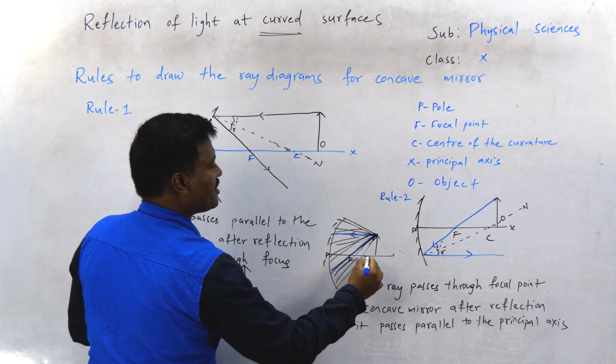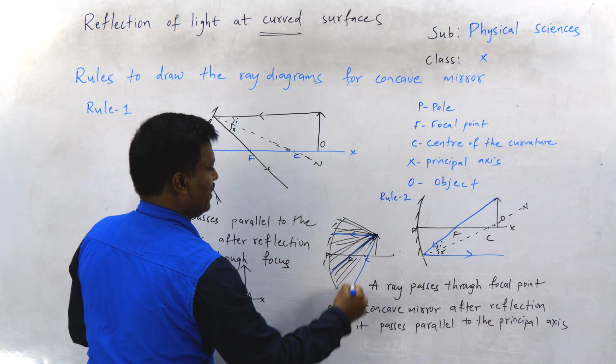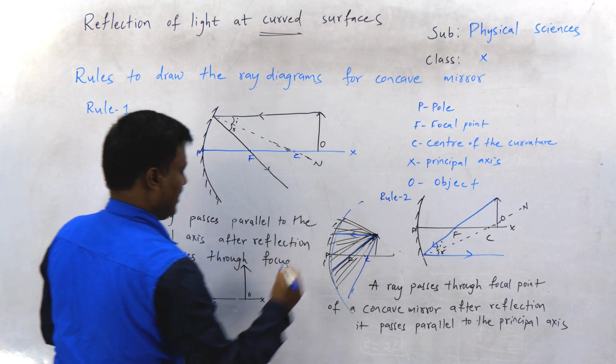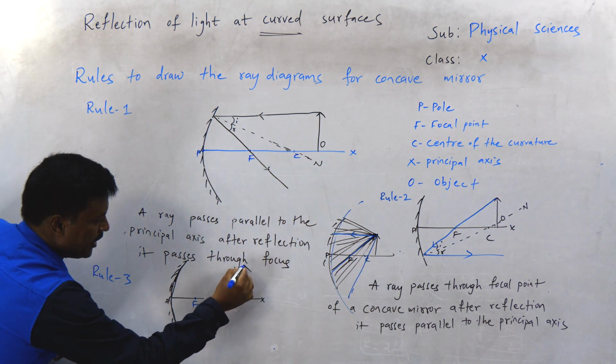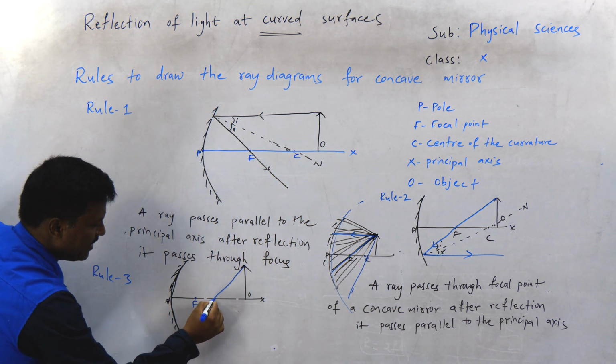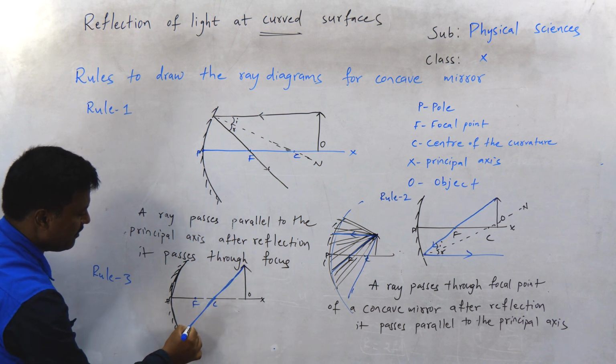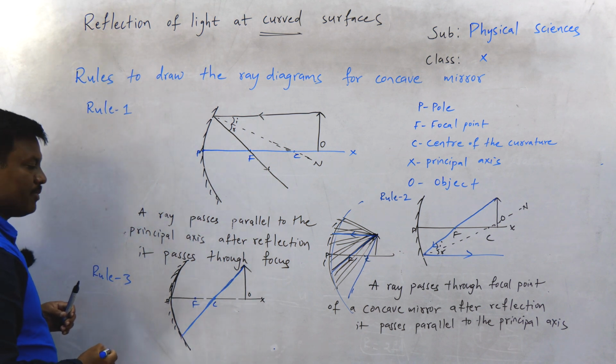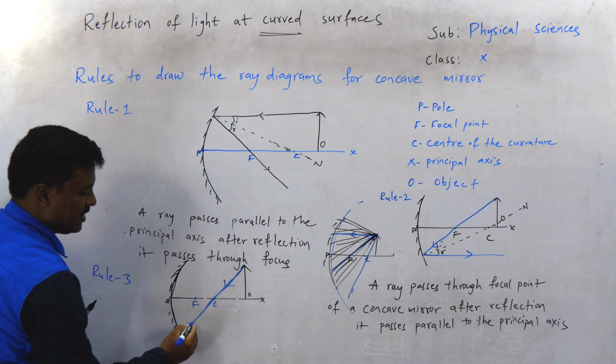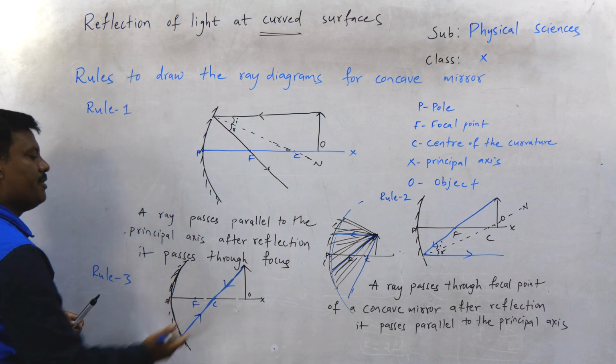Now I am taking a ray that passes through the center of curvature. Any ray that passes through the center of curvature, what happens? After reflection it traces the same path.